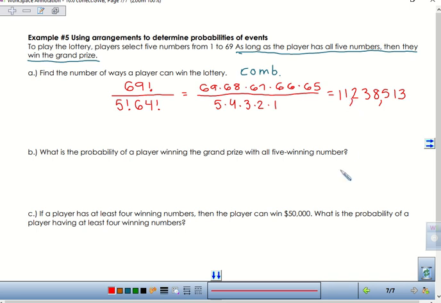So that's 11,238,513. Of course, that number is going to be big because do they want to make it easy to win the lottery? No, because otherwise they'd be paying people out every week, right?